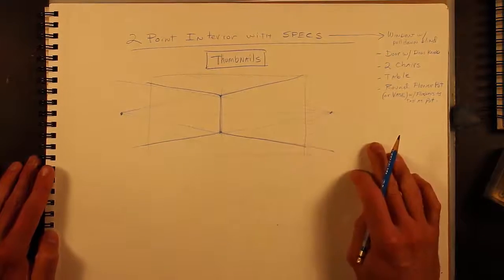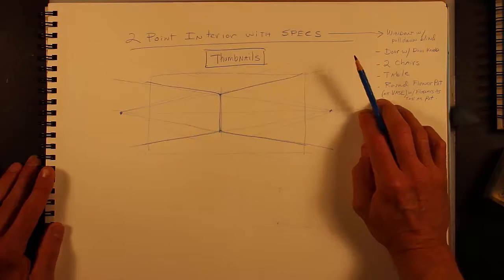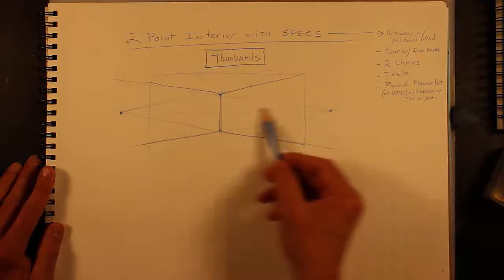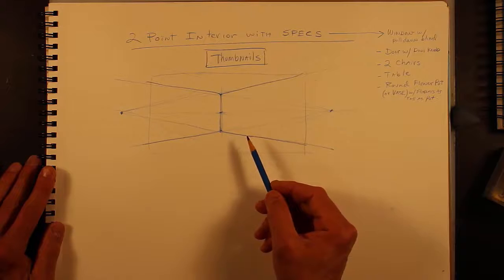This is the first thing you want to have: you're starting with the corner and then finding where your horizon line lies. This is where your eye level is on the corner.